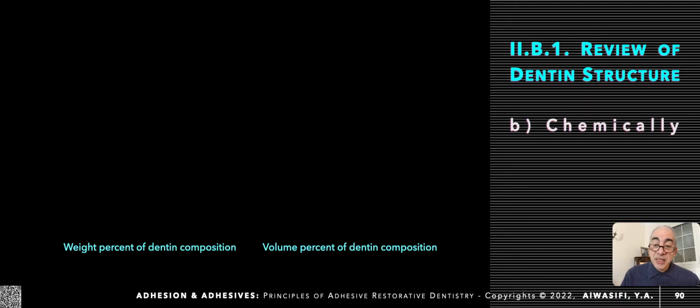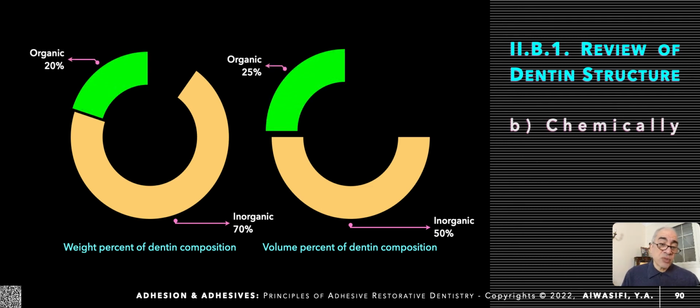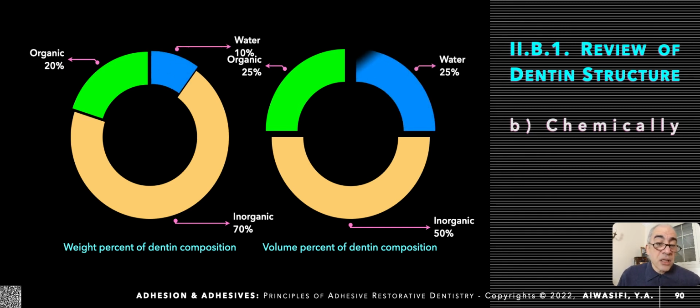When comparing this pie chart and this pie chart, it is about 70% weight percentage and 50% volume percentage of inorganic, 20% organic by weight and 25% organic by volume, 10% water by weight and 25% water by volume. Then you should think twice before bonding to dentin.